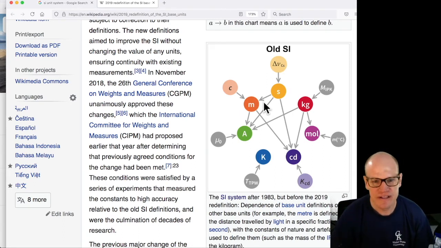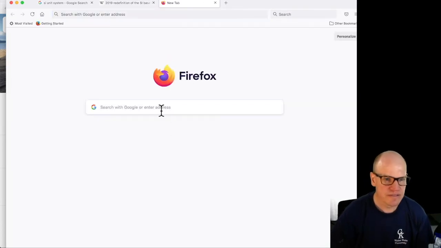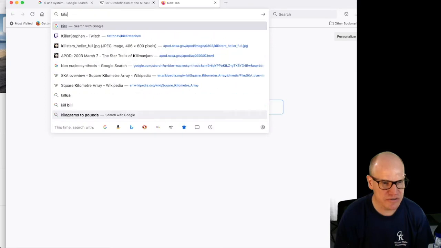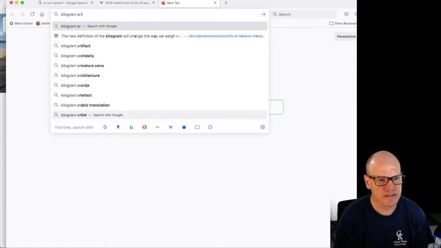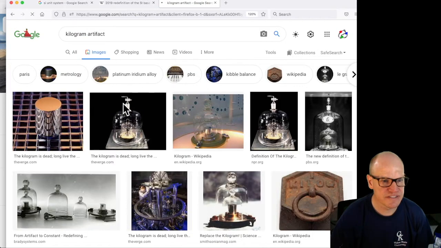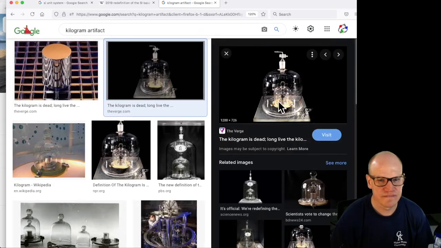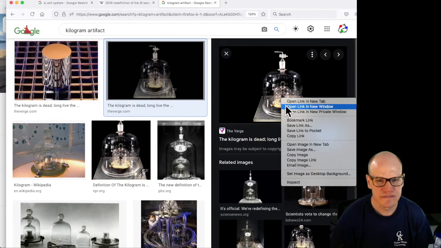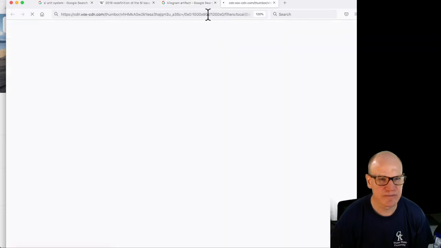So, for example, the big K, the kilogram right here. So this was the kilogram artifact. That's this guy. Let's see, open image, view image, a new tab, I guess we'll go with that.